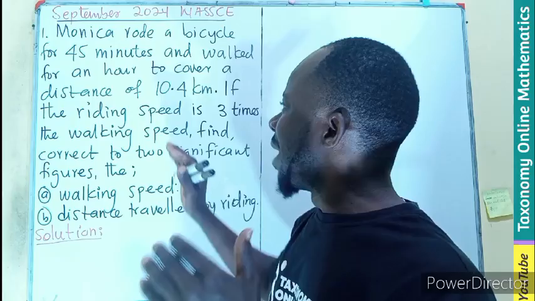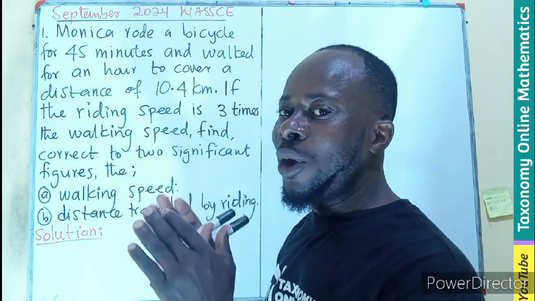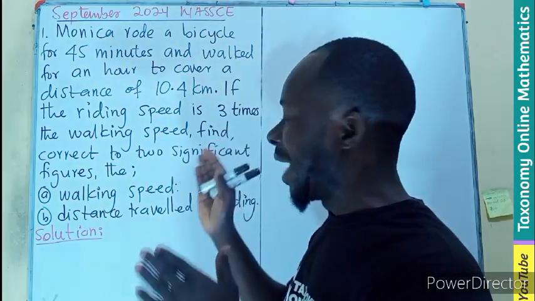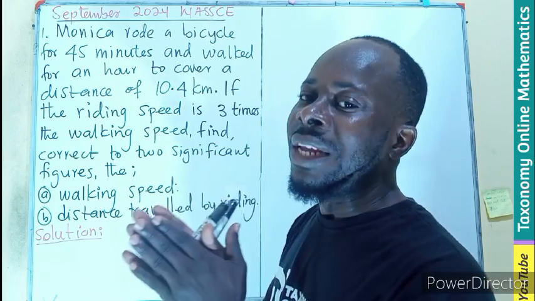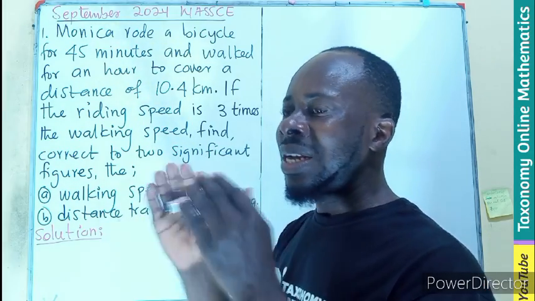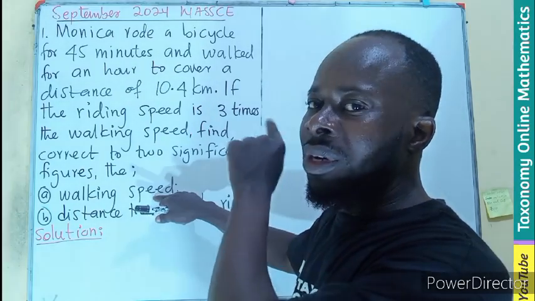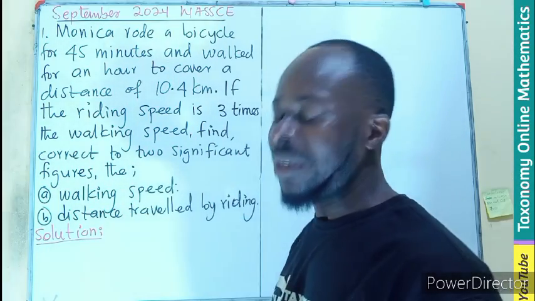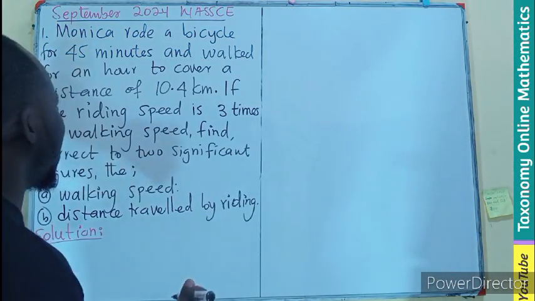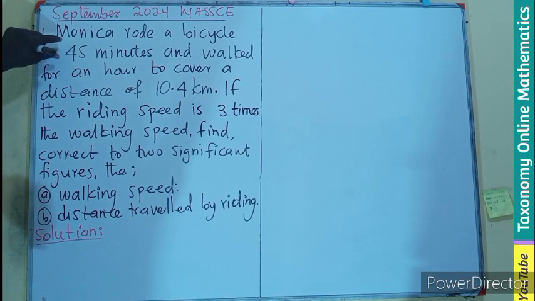So we cannot apportion any kilometers to walking from the 10 and to riding. So we need to find out what will be the individual distances before we can use that distance to find the speed. So let's see, we take the information from the question.